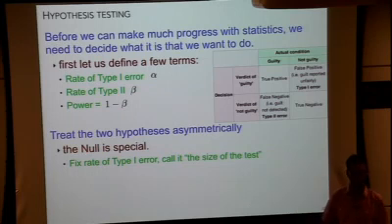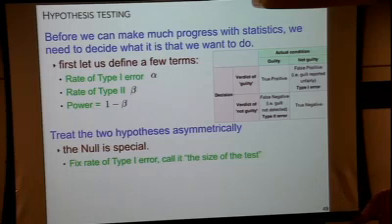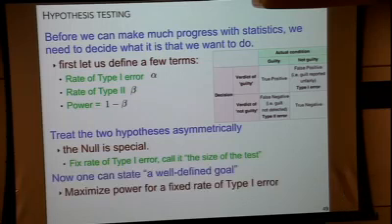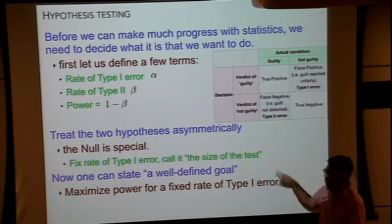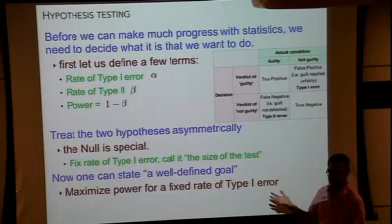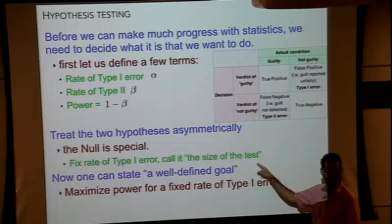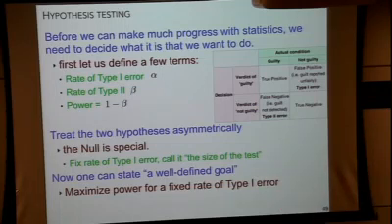Now I have a constraint, and you can think of it in a kind of Lagrange multiplier way. And our goal is, under this constraint, to maximize the power, to claim discoveries as much as possible when they're right, and control the rate at which I make false discoveries. Okay, so that's the setup.